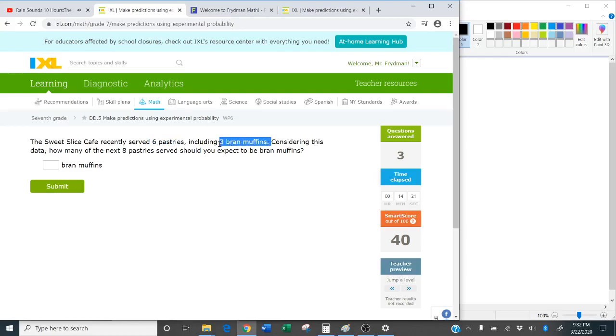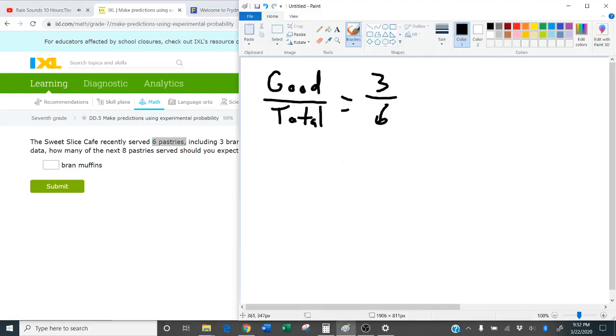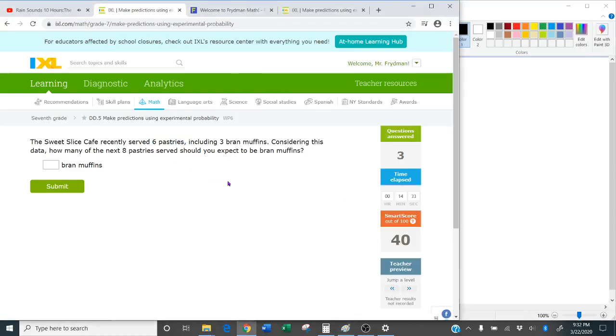So it must have been 3 bran muffins and then 3 other pastries, whatever they were, to make these 6 pastries. But anyway, these 3 bran muffins are already in here. They are already in the total. Considering this data, how many of the next 8 pastries served should you expect to be bran muffins?